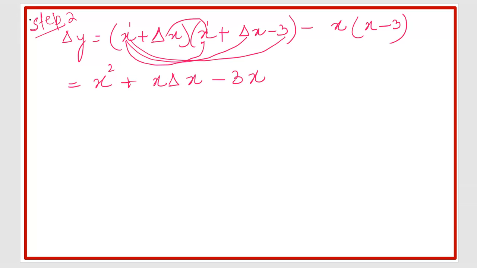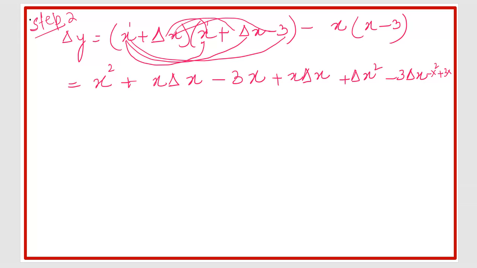Now we have to multiply with delta x to this bracket. So it will be positive x into delta x plus delta x square minus 3 delta x, right? One by one you have to multiply. And then here it is minus x square plus 3x, because we have a negative sign, it will change all the signs inside the parenthesis.